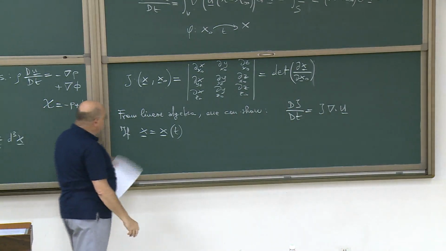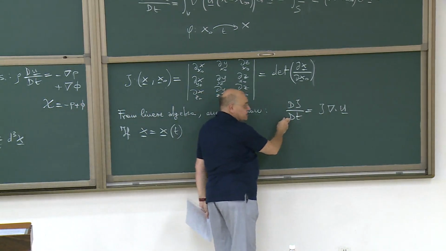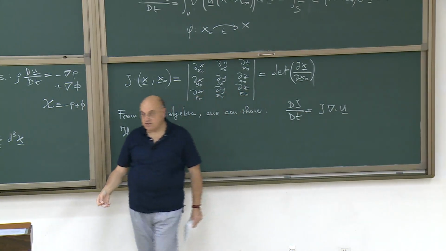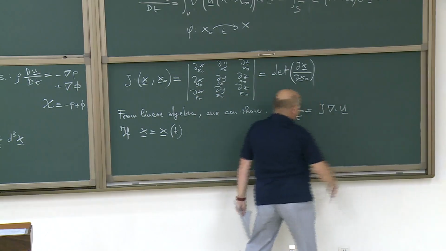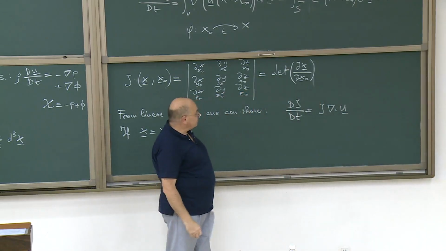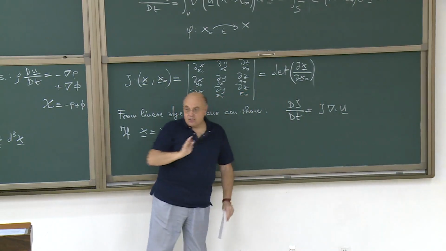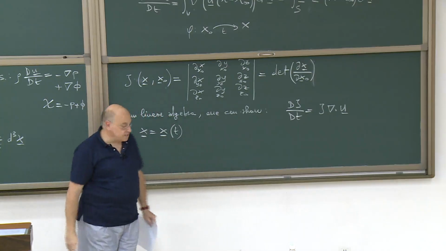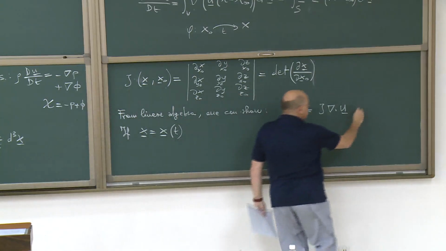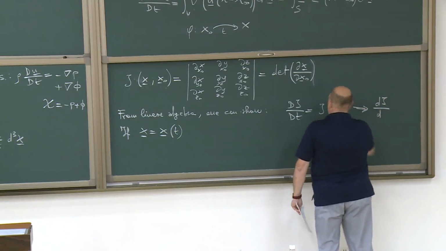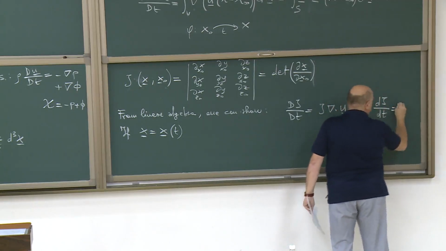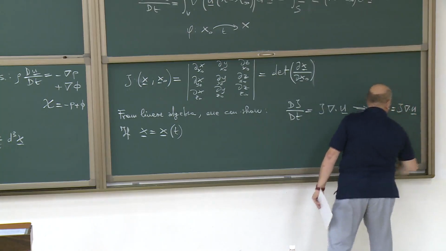On a material line, the Lagrangian derivative becomes an ordinary derivative. Remember, we stay on the particle trajectory for this. So we can interpret this as just a standard derivative, d/dt of J equals J div u.